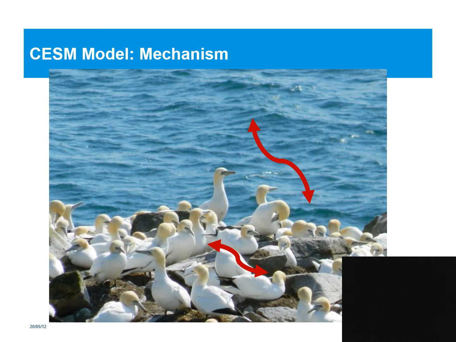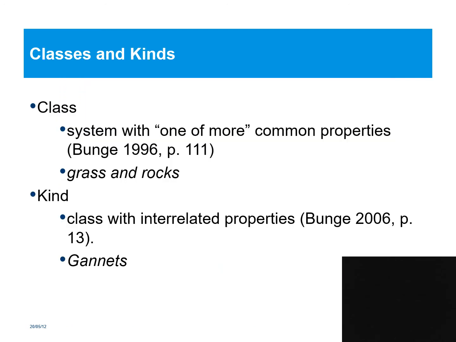What is the nature and how does it happen, the process of feeding, etc. In BWW as well as in BSO, we have the notions of classes and kinds. However, there is also a change compared to BWW, because now kinds are understood as classes with interrelated properties. This definition is closer to the more recent understanding of natural kinds by philosophers and psychologists.